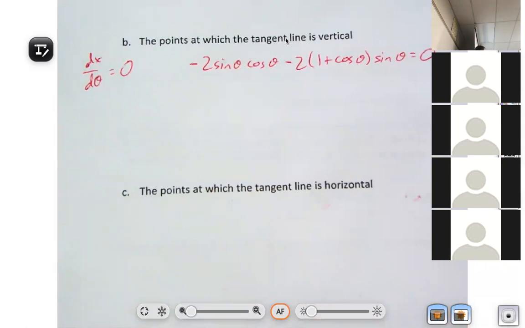Who remembers how to solve trig equations? Emery, do you remember how to solve this? No? Anybody remember? What do you think, Alex?